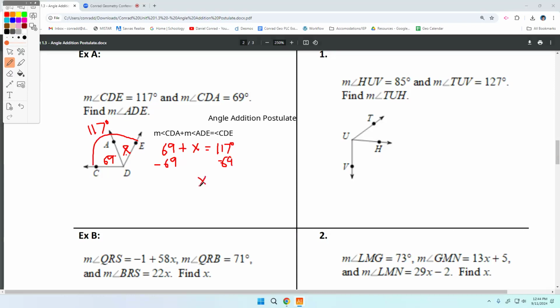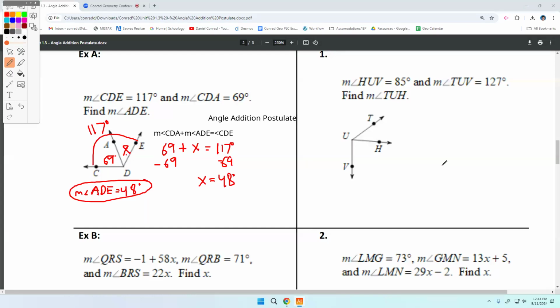That should give me X equals 48 degrees. So our final answer: the measure of angle ADE equals 48 degrees.